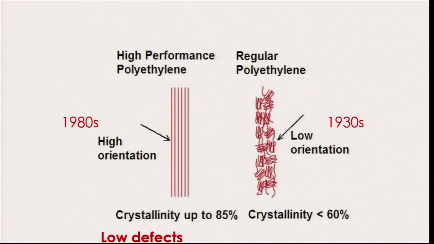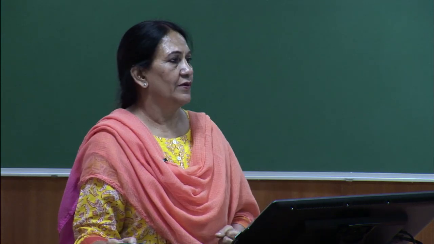Now, when I am saying low defects, what is the factor which would actually control the defects? One is the polymer chain ends. That means, if I have a polymer with low molecular weight, I am likely to get more chain end kind of defects, and if I have a high molecular weight polyethylene, then there will be less number of chain ends.